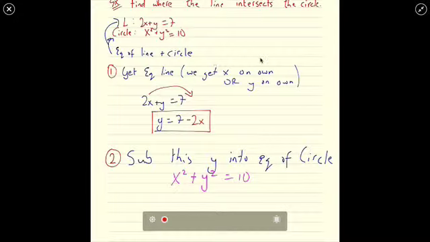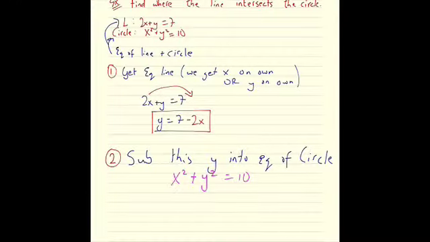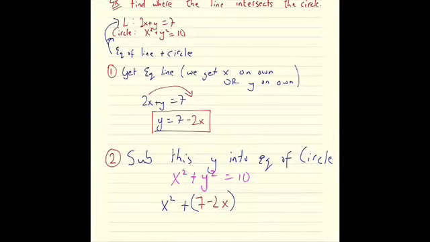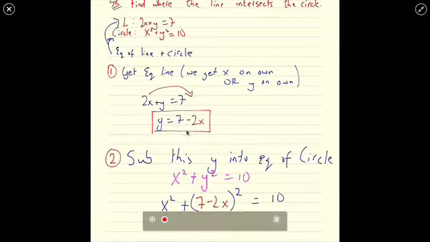So I'm going to kick out the y here, and I'm going to stick in 7 minus 2x. Do you see what I did there, Alan? I got rid of that y, and I stuck in 7 minus 2x, because I got y is equal to 7 minus 2x.